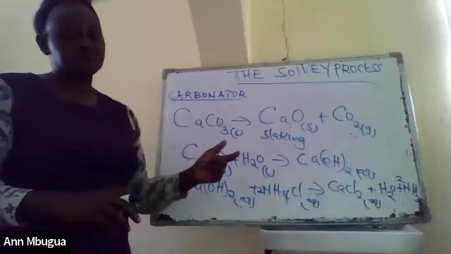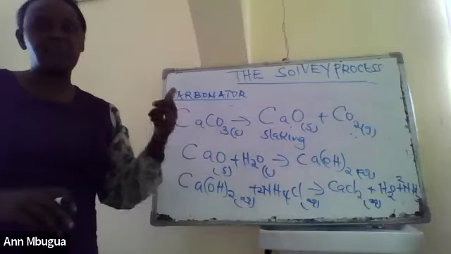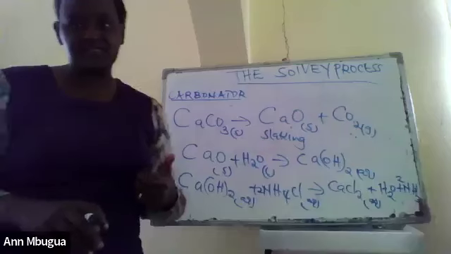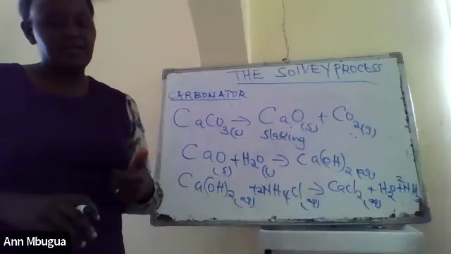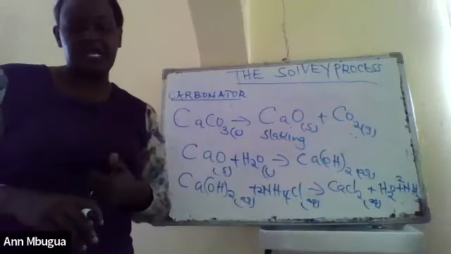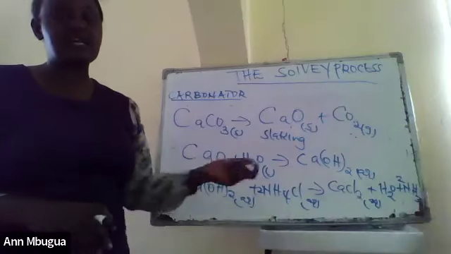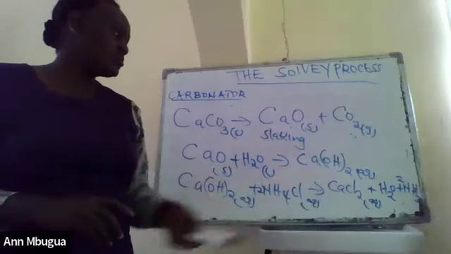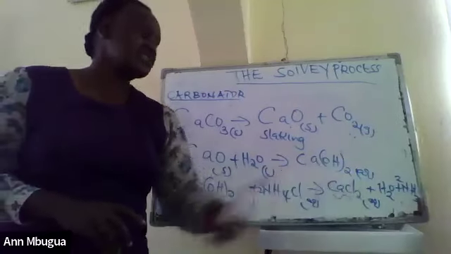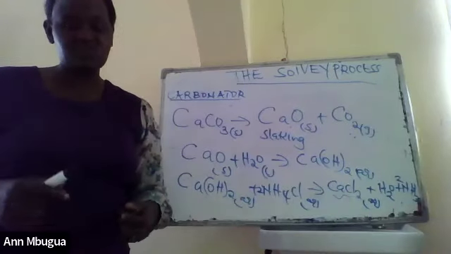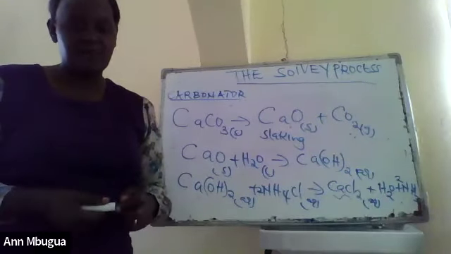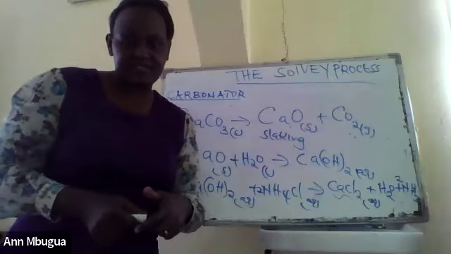So from here, you can see that every byproduct is recycled. The only byproduct which is not recycled, which is not reused, is calcium chloride, which has so many uses, especially when it is anhydrous. It is used as a drying agent.